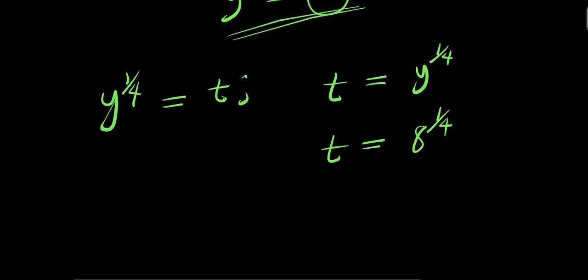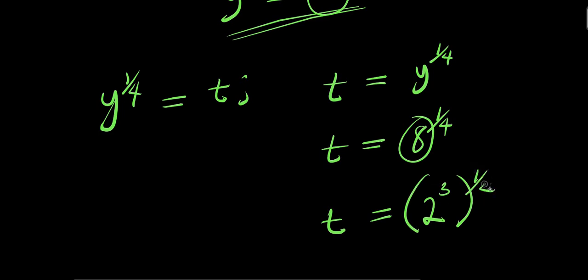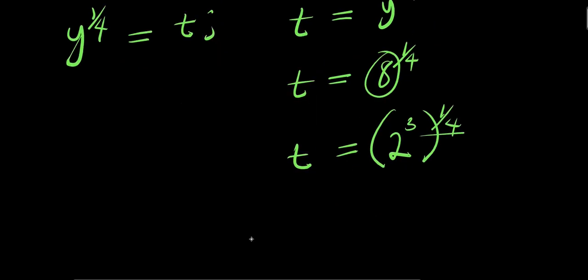Now from here, remember 8 is 2 power 3. Have t equals 2 power 3 power 1 over 4. Multiplying this out, have t equals 2 power 3 over 4.